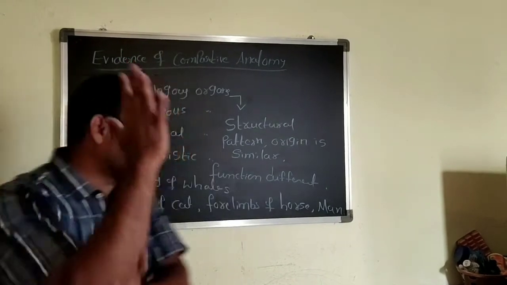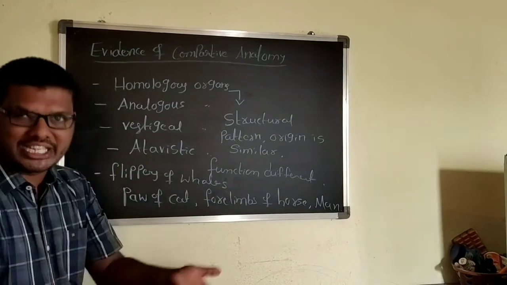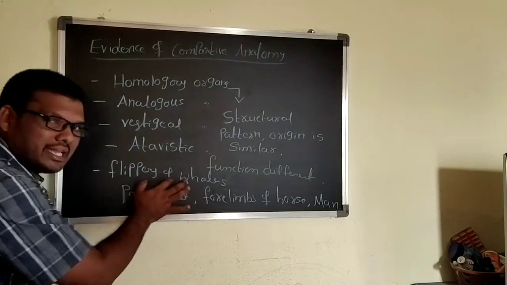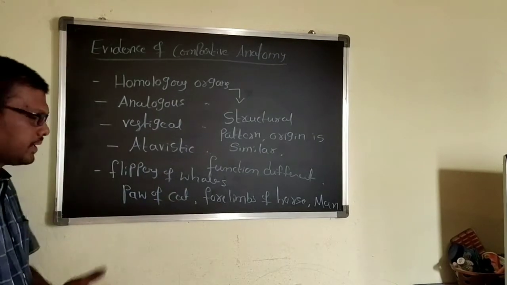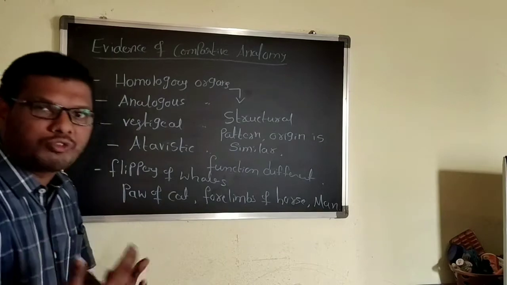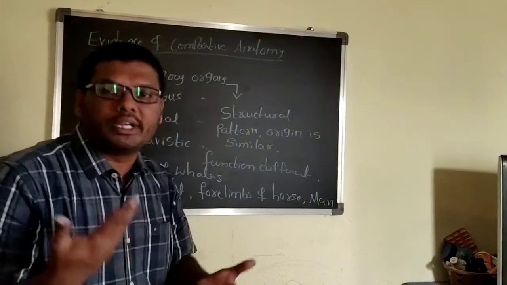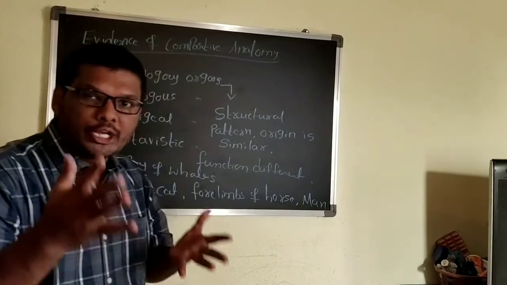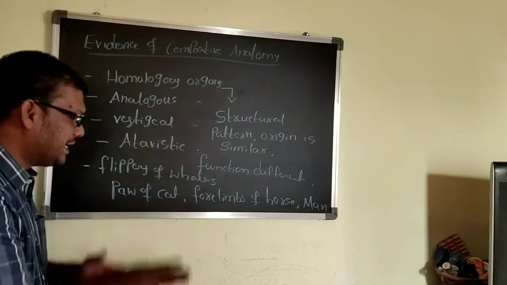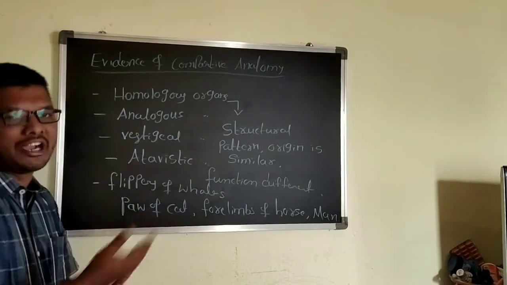These structures are present in all the organisms, but the function is different. Flippers of whales are useful for swimming. Paw of cat and forelimbs of horse are useful for running. Forelimbs of man can do different types of functions. Due to the environmental condition, this structure adapted to different functions.